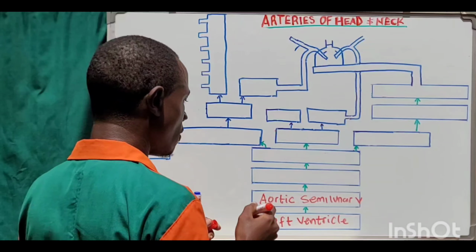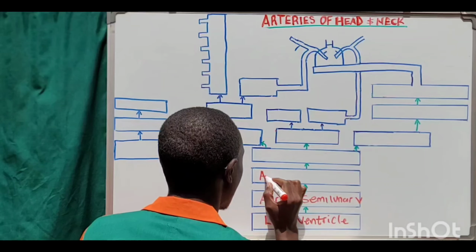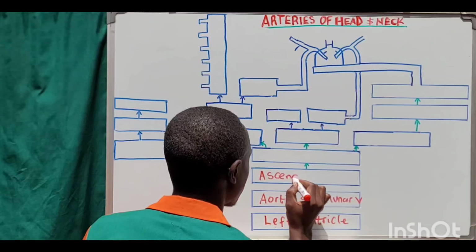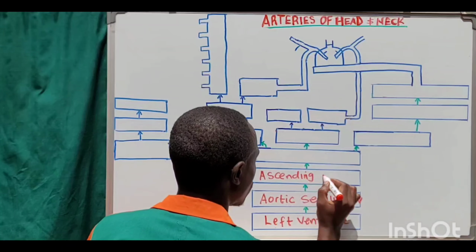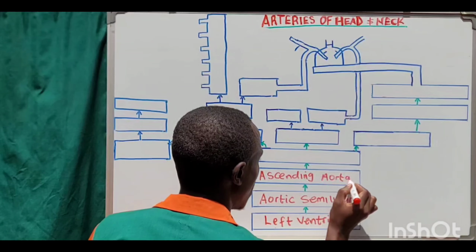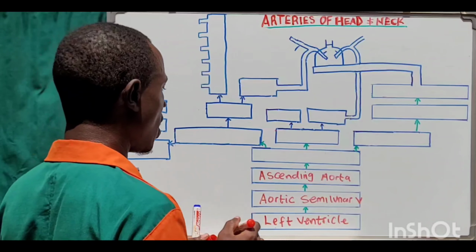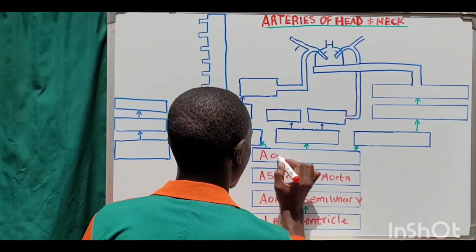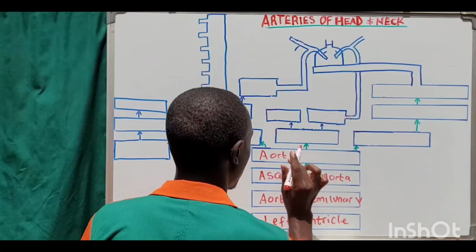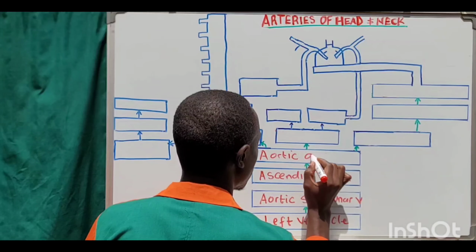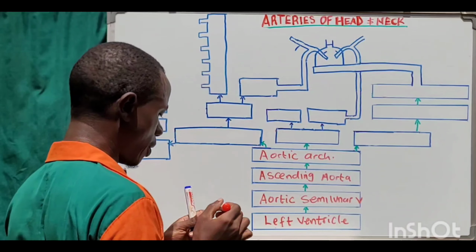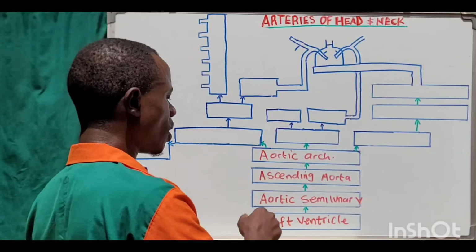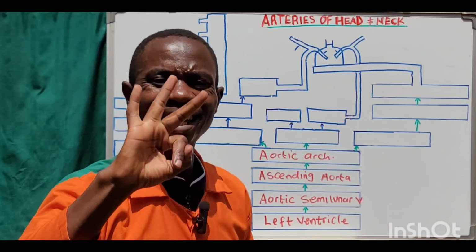From the aortic semilunar valve, we move to the ascending aorta. From there, we move to the aortic arch.